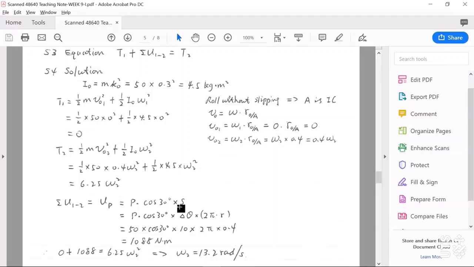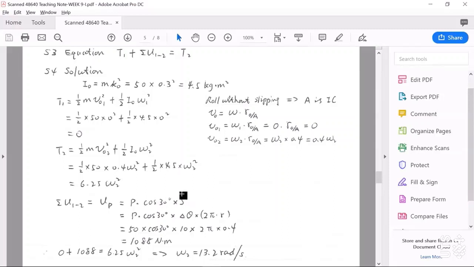S is the displacement of the acting point of external force P, and this is equal to the displacement of the circle center O. The displacement is a translation displacement, and the angle between this external force P and the displacement is 30 degrees.